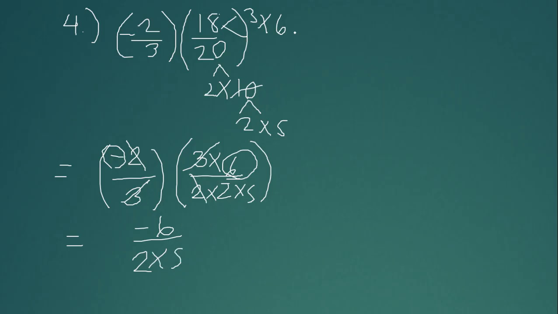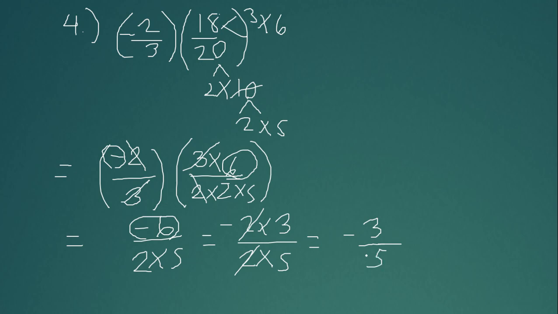Meron pang factor ang 6, so we have negative 2 times 3 over 2 times 5. Cancel 2. The answer is negative 3/5. Okay.